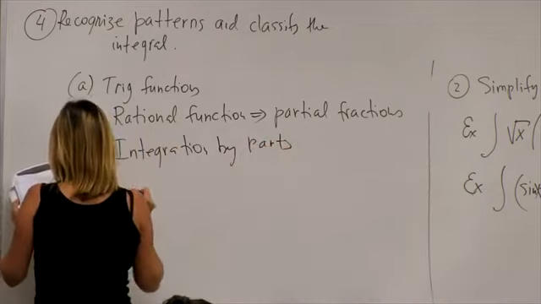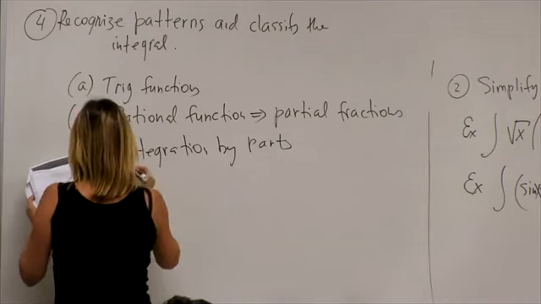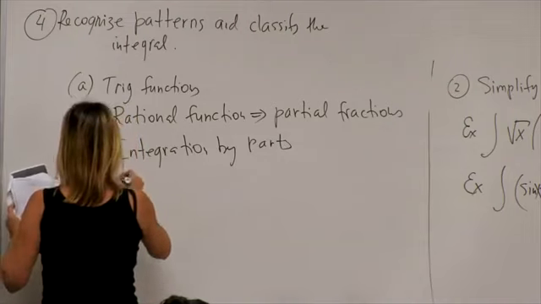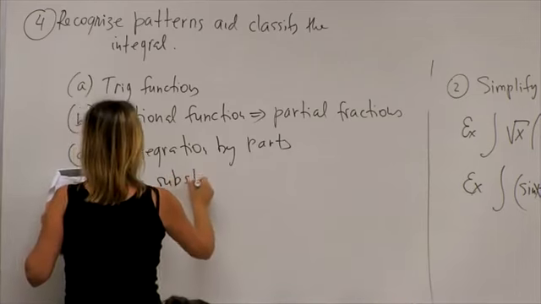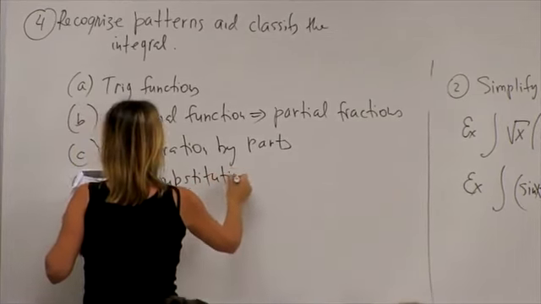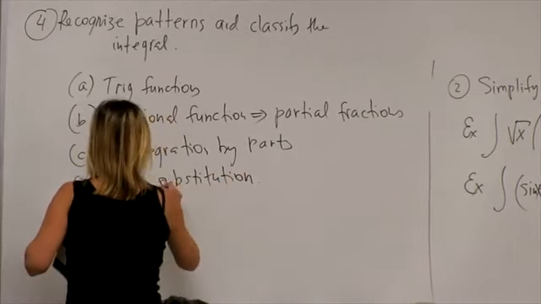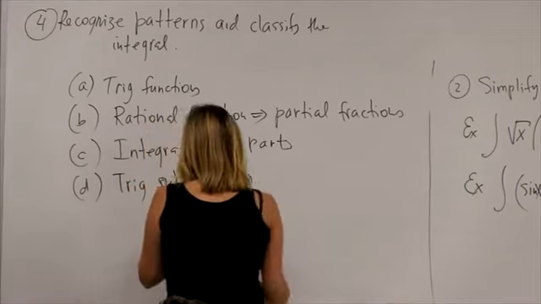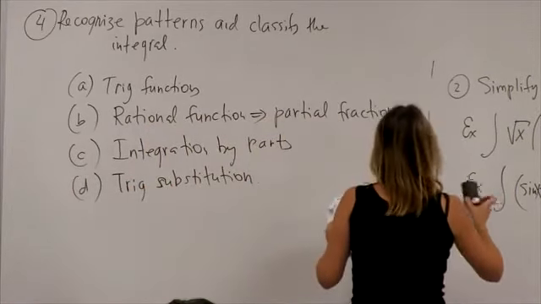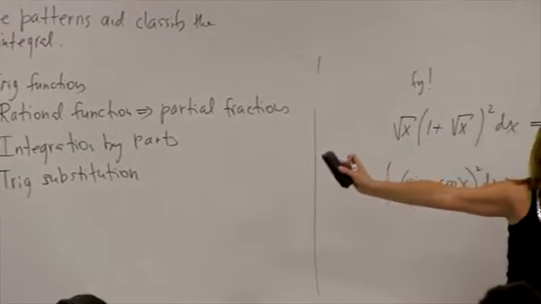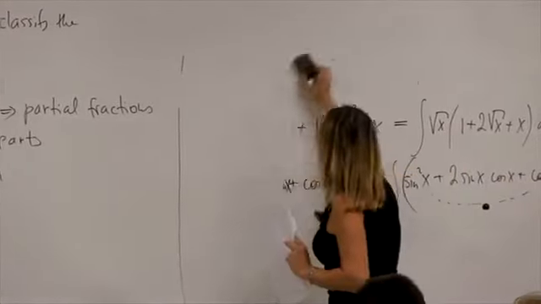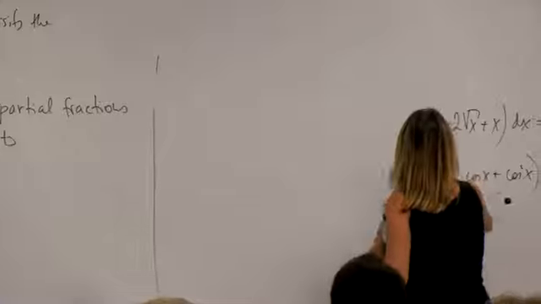And we have radicals. So let's say trigonometric, trig substitution. Okay, so you're familiar with all of these. You've seen examples, or you will see the examples when you do the homework for the corresponding sections.